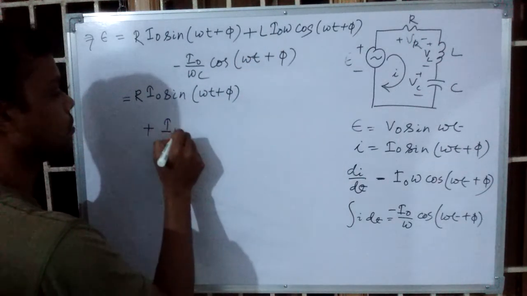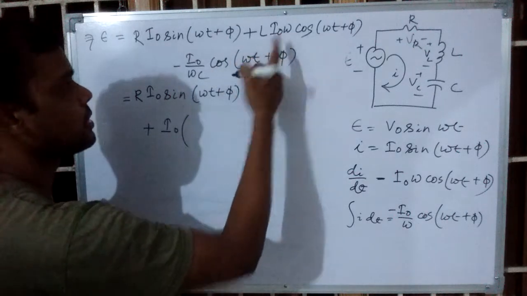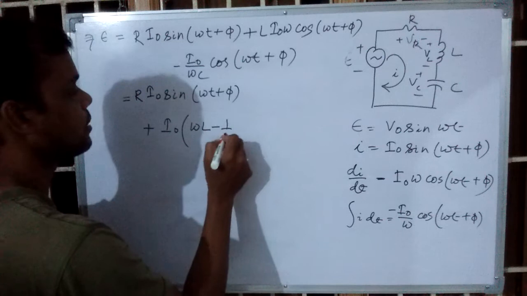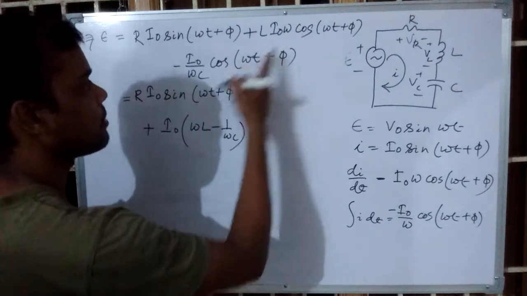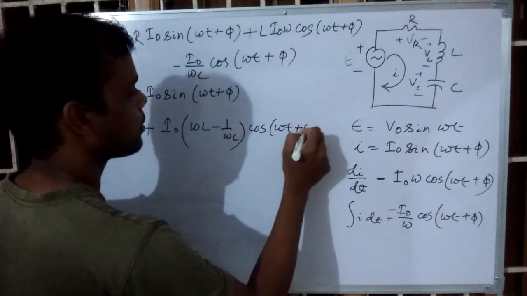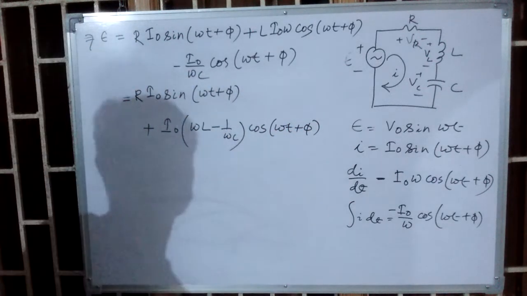So I naught common, inside the bracket it is omega L minus 1 by omega C, outside the bracket cos(omega t plus phi), this much.